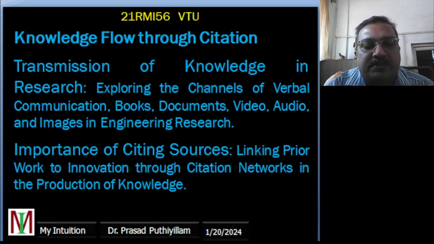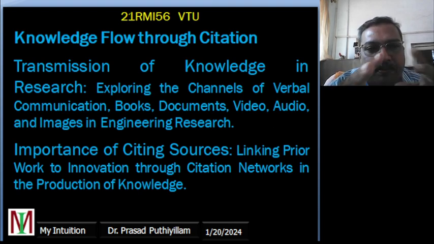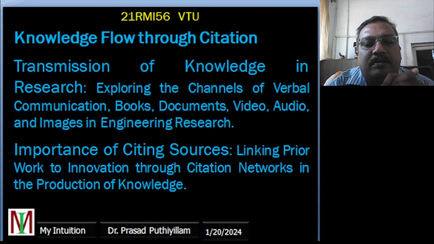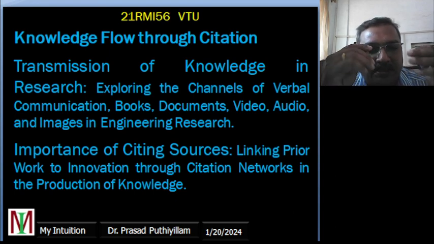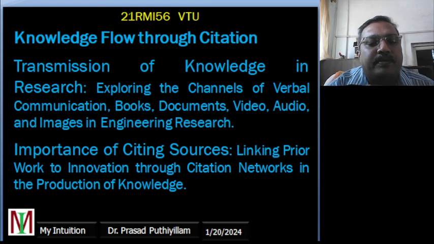So knowledge flows among co-authors during research collaboration, among other researchers through the citation network that we make, and also between institutions and departments which work together. The knowledge flow takes place in the research field and topic.